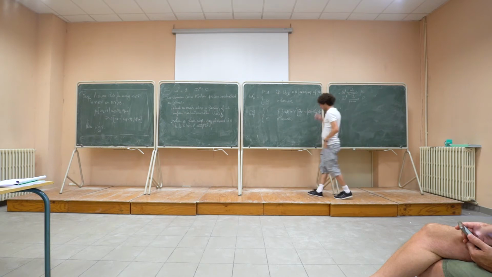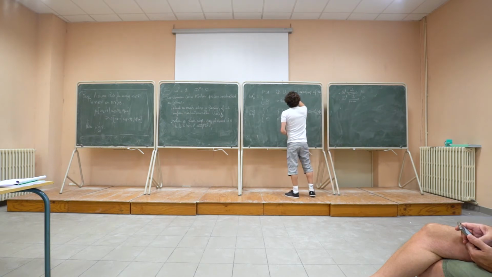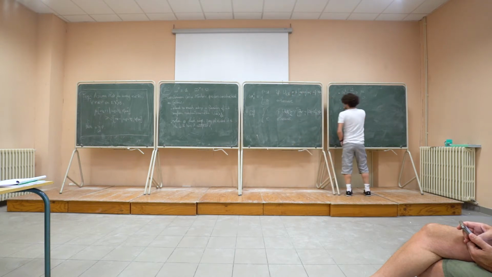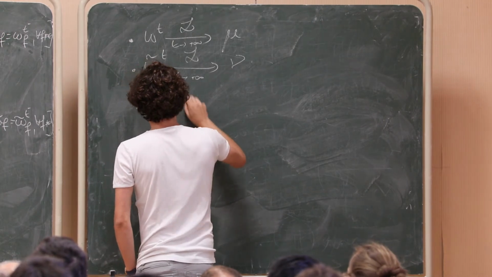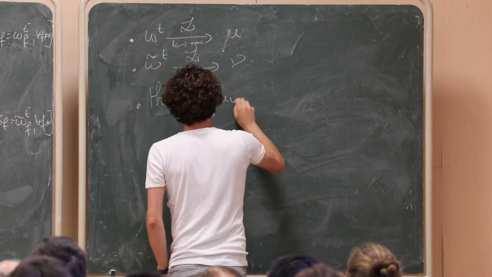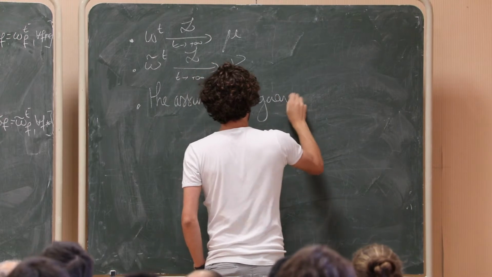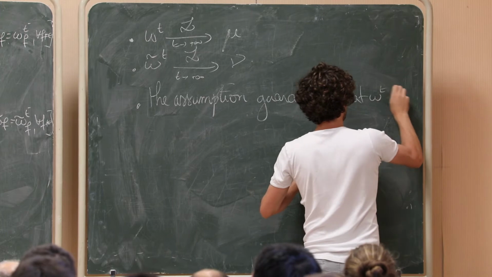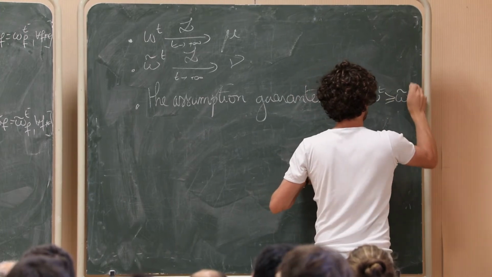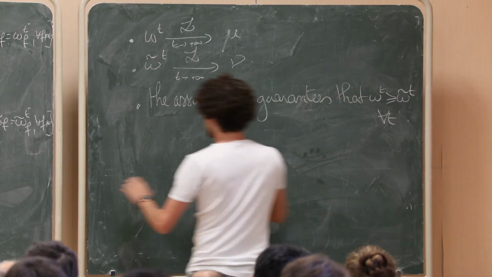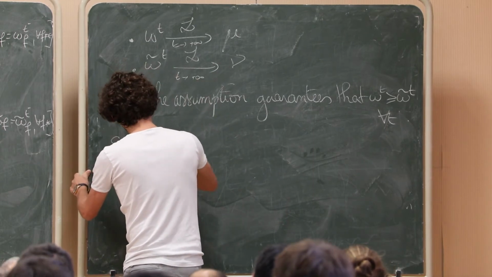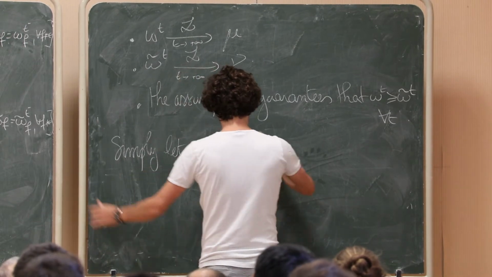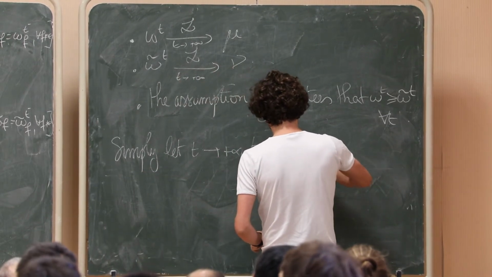Maybe I could have written it like that, and this would have been better. So the assumption guarantees that omega t is larger or equal to omega tilde t for every t, and so you simply let t tend to plus infinity to obtain the result.